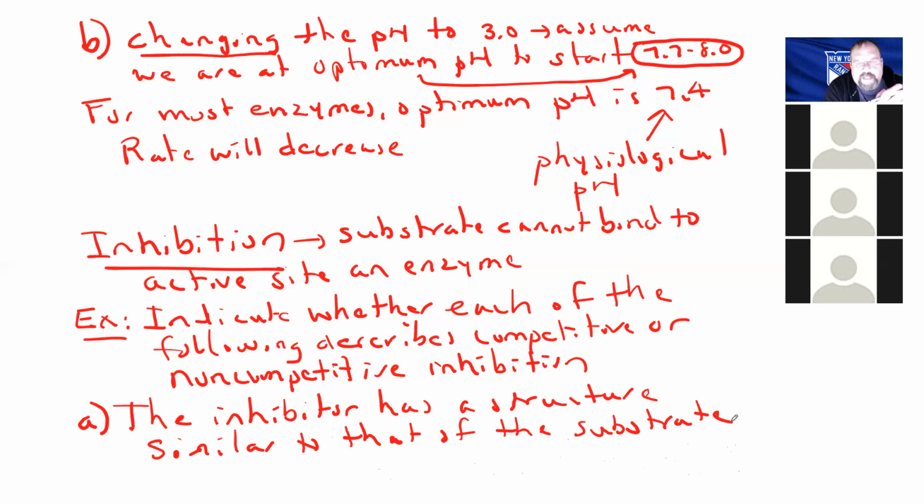Now, if the substrate gets to the active site first, perfect. Reaction's catalyzed, you get the enzyme substrate complex. But if the inhibitor gets to the active site first, now we got a problem, because the substrate can't get in. And if the substrate can't bind to the active site, you don't have the enzyme substrate complex. So what you have here describes an aspect of competitive inhibition.